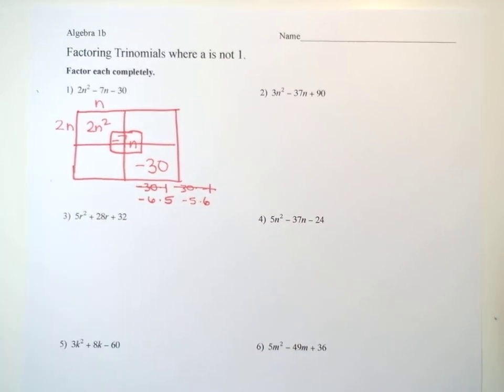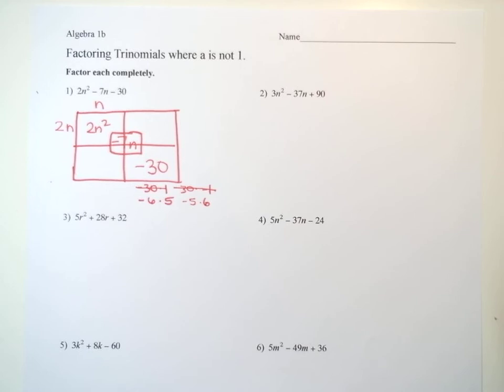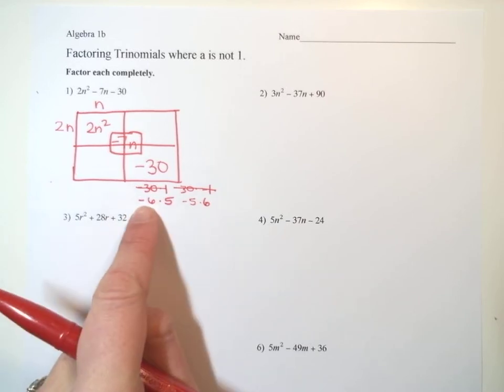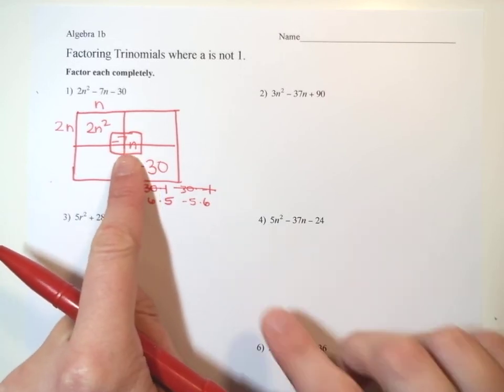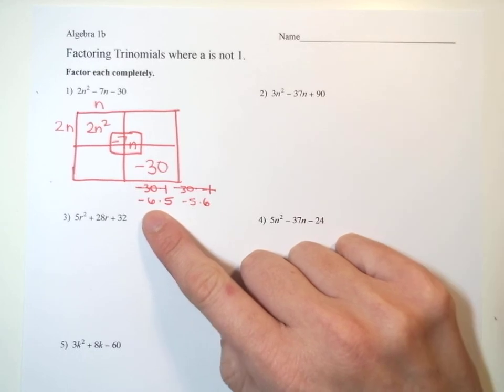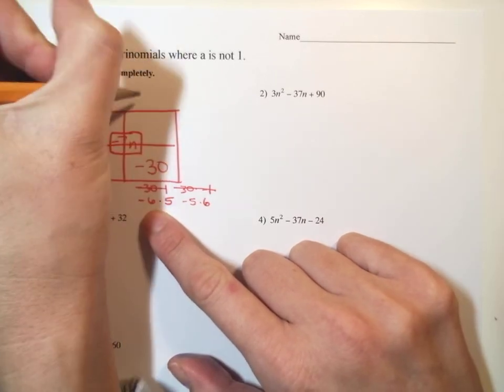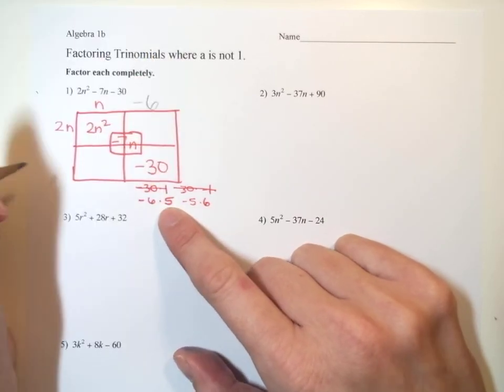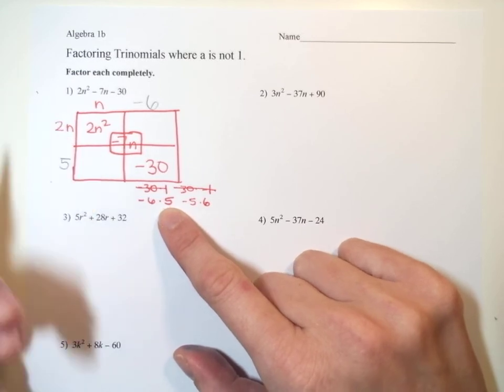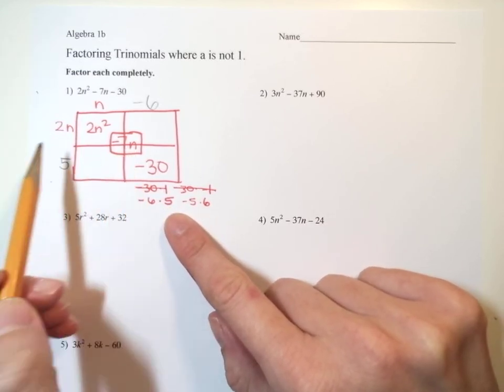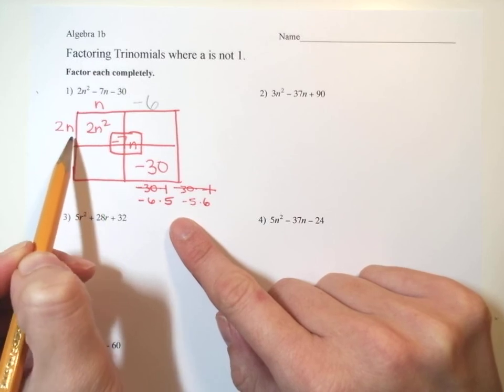And then let's think, negative 6 and 5 or negative 5 and 6. We're probably going to want the bigger number to be the negative since we're left over with a negative. So let's try. What if we put the negative 6 up here and the 5 here? That seems like it'll give me something close to negative 7n.